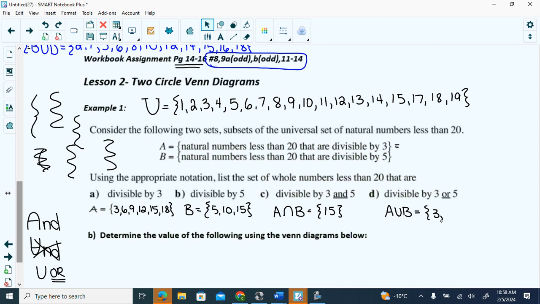No. On a diploma, they'll be listed in order. But if you don't list them in order on a written response, you're not wrong. I will, though, always. So 3, then 5, then 6, then 9, then 10, 12, 15 is listed in both, but I just list it once anyways, and 18. So if it's in A or it's in B, we list it.